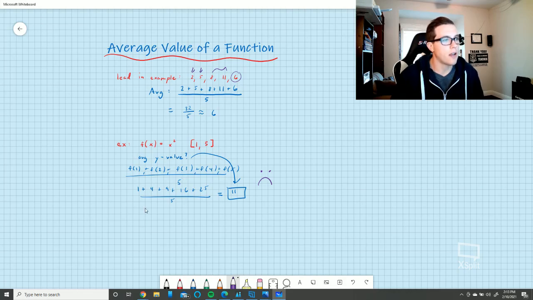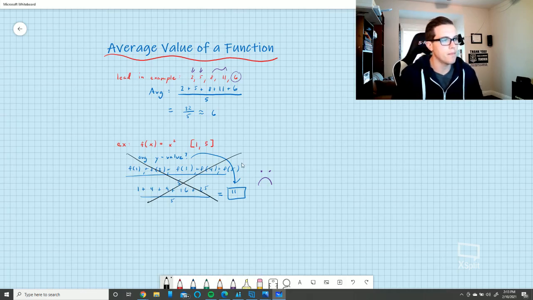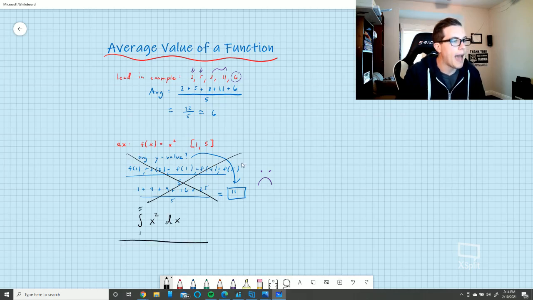So is there a better way to actually find the average y value? Well, you could always just try including more. Maybe you could do 10 of the y coordinates, but then what's to stop you there? Why couldn't you do 100? So instead, rather than a statistical approach where we add and divide by the total, what if we take the integral, or the area under the curve, or the accumulation from 1 to 5, and then divide it by the length of the interval?